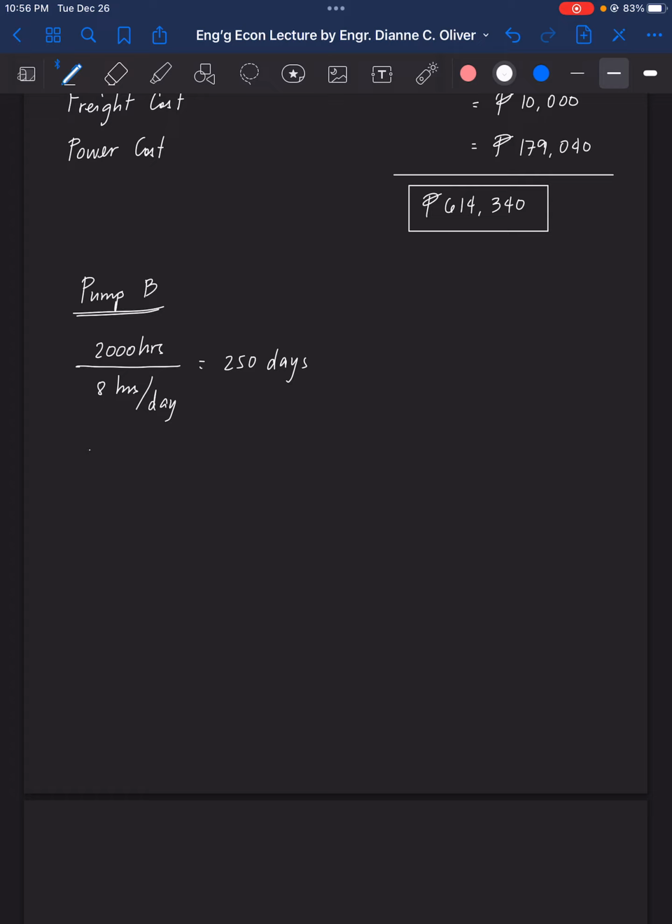So we can now solve as well the power cost. The power cost here is 100 horsepower multiplied with 0.746, that is kilowatt per 1 horsepower. And then we have here the rate, 1 peso per kilowatt hour multiplied with the required number of hours, 2,000 hours.